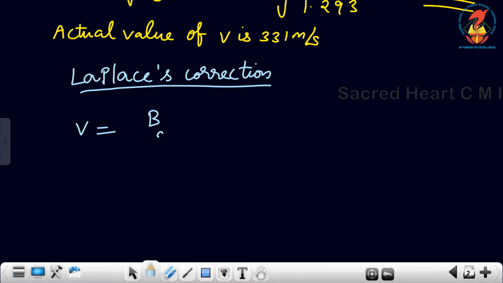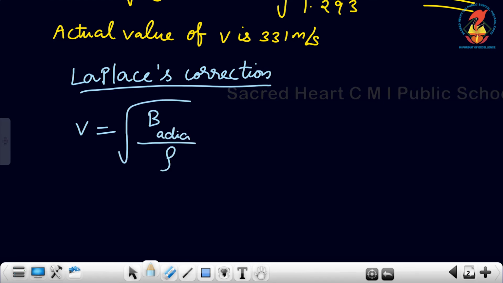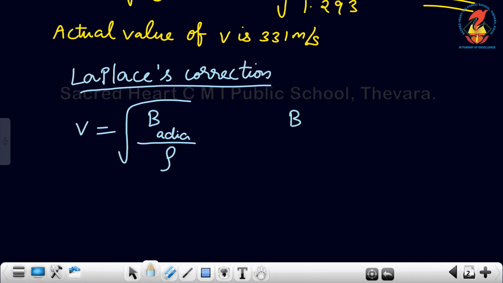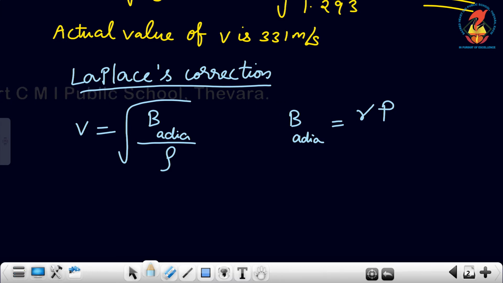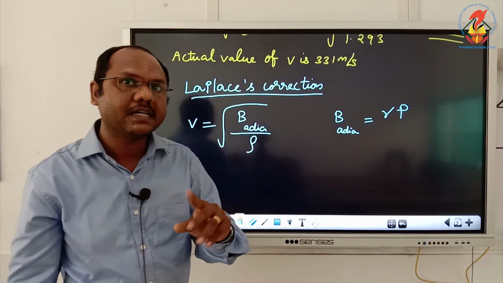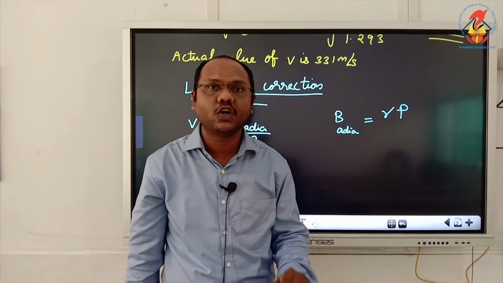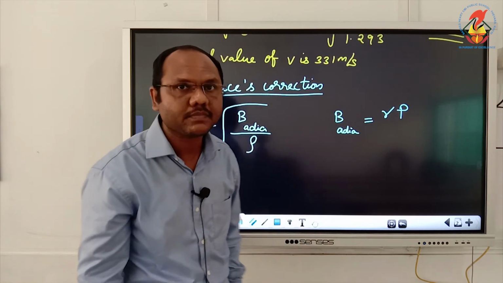So, V is equal to root of B adiabatic by rho, and as per his calculation he found B adiabatic, the bulk modulus in an adiabatic process, as gamma into P. In kinetic theory of gases we studied gamma means ratio of specific heats.